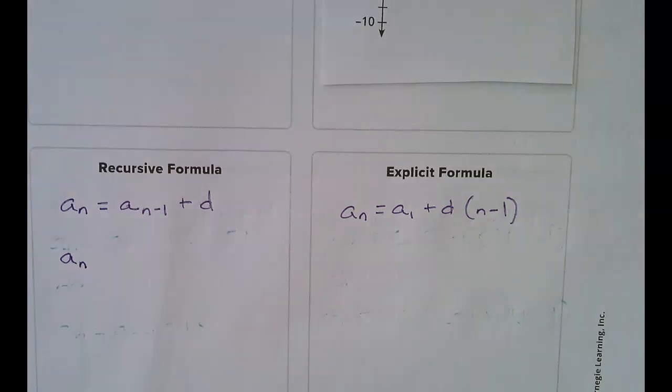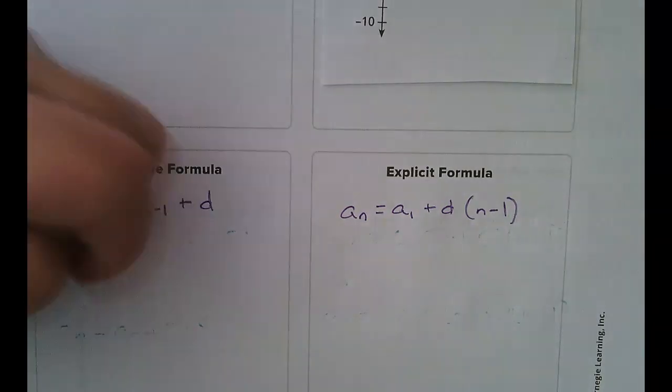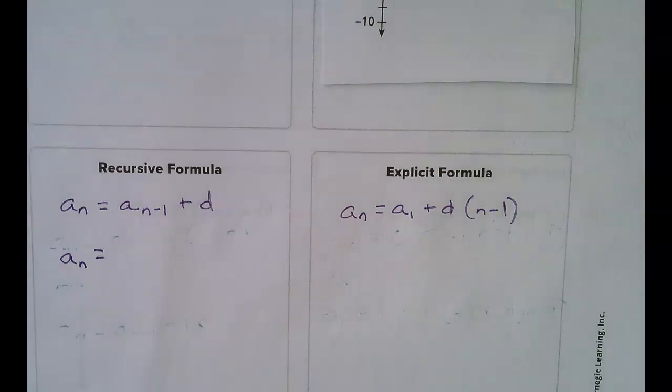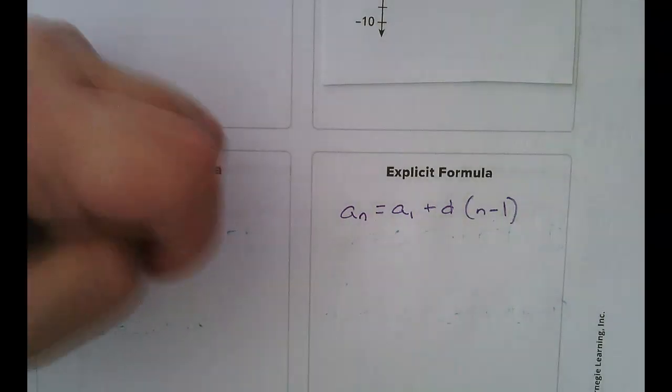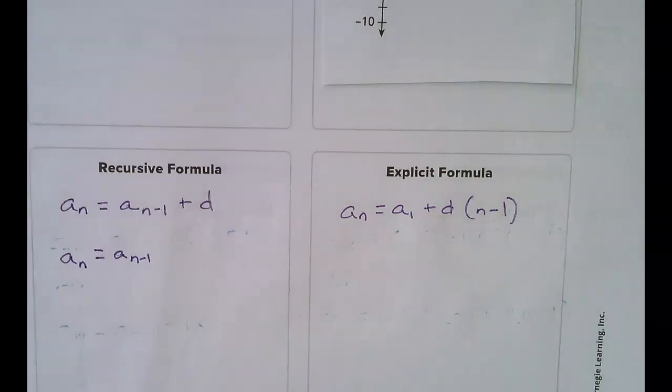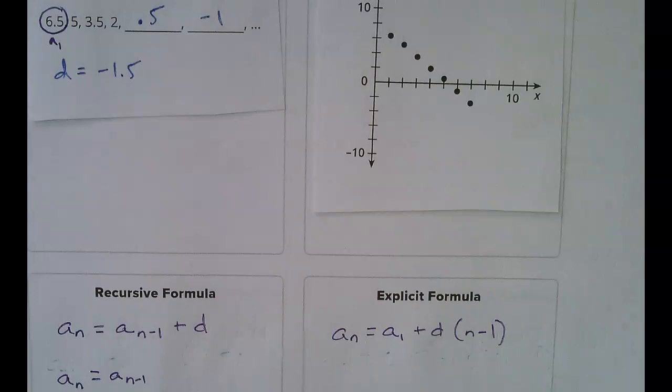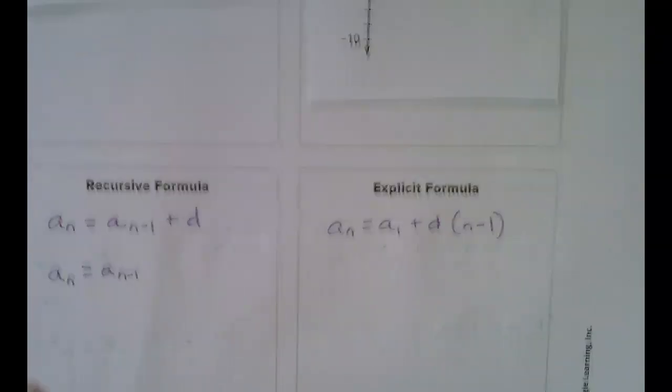A sub n equals A sub n minus 1, and then remember what your D is. Your D in this case is negative 1.5.